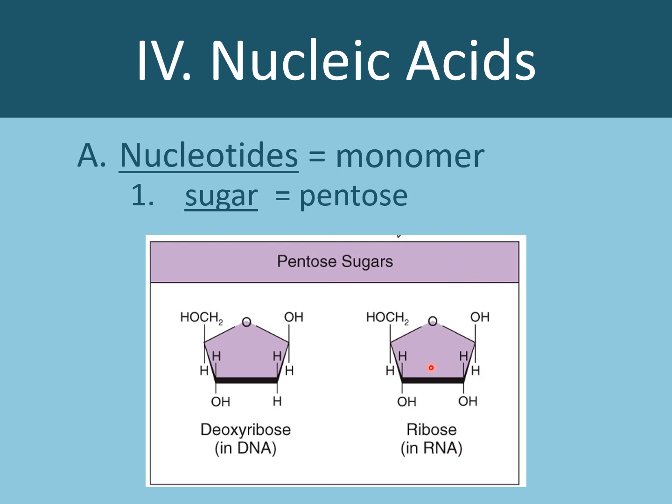The other sugar, ribose, is found exclusively in RNA. In fact, the R in RNA, as you might have guessed, stands for ribose. Notice in deoxyribose, there is an oxygen lacking that you can find in ribose. This removal of an oxygen is known as being deoxygenated, hence the name deoxy.